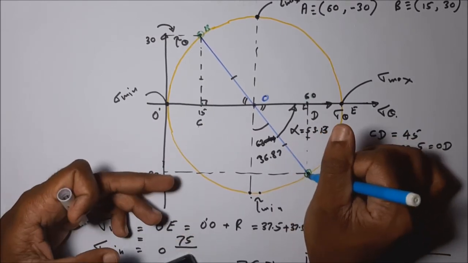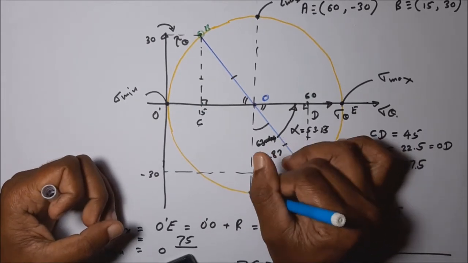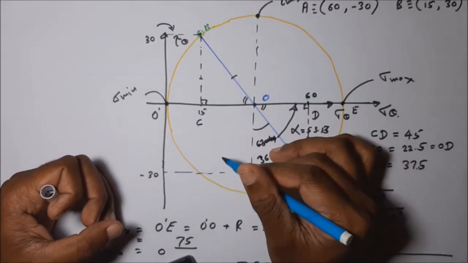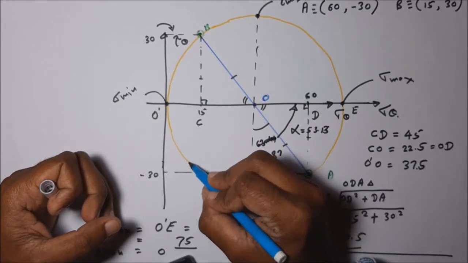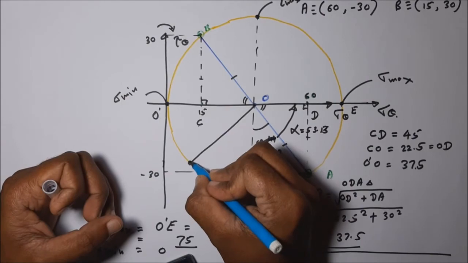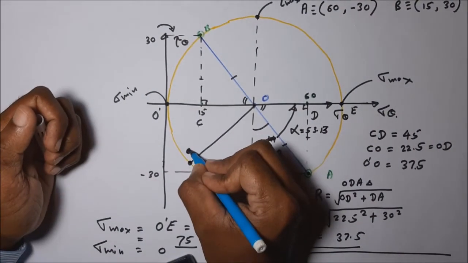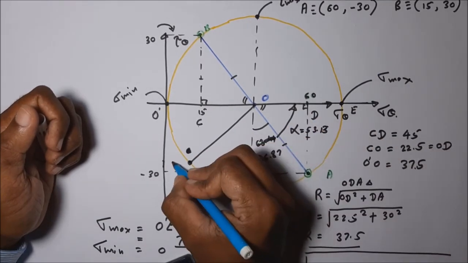Then if we measure the 60 degrees from this point, it is again somewhere in here. Let's take this point as X.